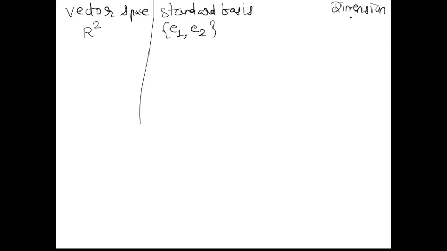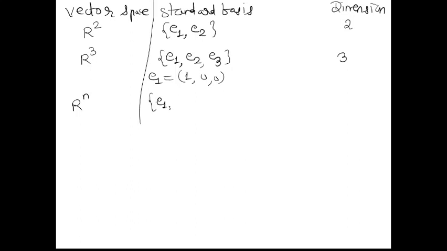So the number of elements in the basis is 2, that's why the dimension is 2. Similarly, if I have R cube, the standard basis will be e1, e2, e3, where e1 is a 3 tuple or triplet, which is 1 0 0, like this. So the number of elements in the basis is 3. Similarly, if I have R n space, its basis contains e1, e2 up to en. So n elements in the basis, that's why the dimension is n.